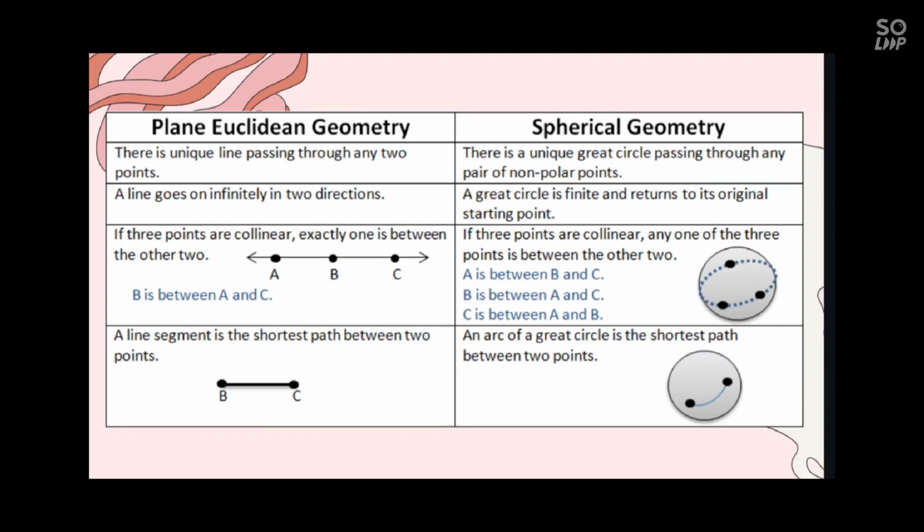So, in my example, A is between B and C, B is between A and C, and C is between A and B. A line segment is the shortest path between 2 points in plane Euclidean geometry, while in spherical geometry, an arc of a great circle is the shortest path between 2 points.